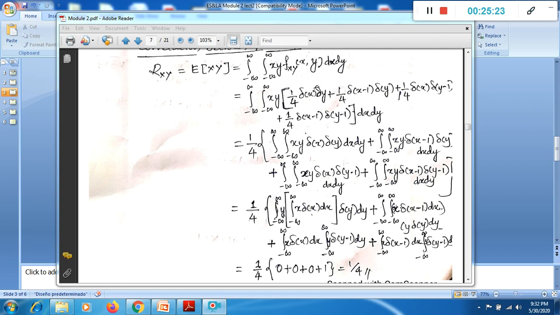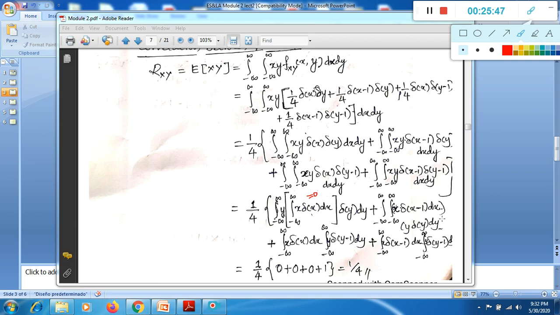We have already found the result of this. This del x will exist if x is 0, but then this term will make it 0. So the first term will go to 0, and if this is equal to 0, then whatever this other del y may be, it makes it 0.